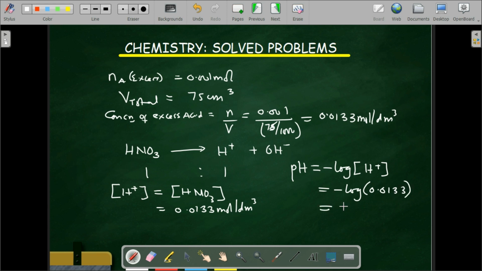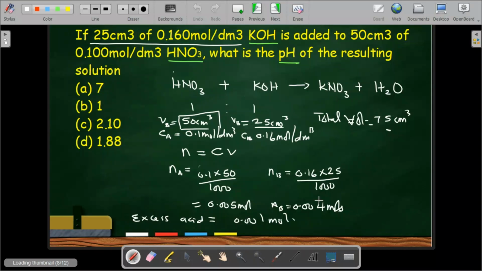If you punch your calculator, you will get approximately 1.88 as the pH of the solution. Looking at the question, that is option D. It means option D is the correct answer.